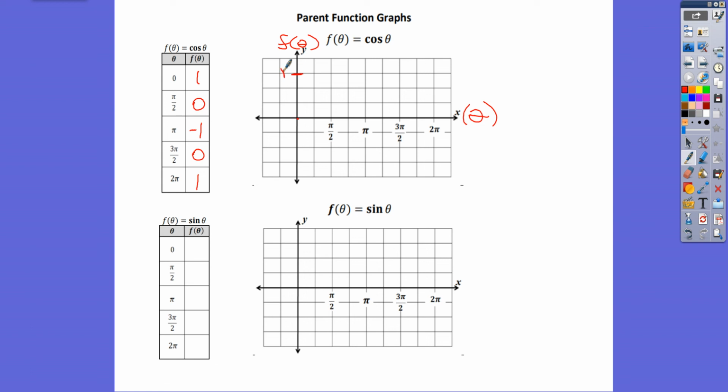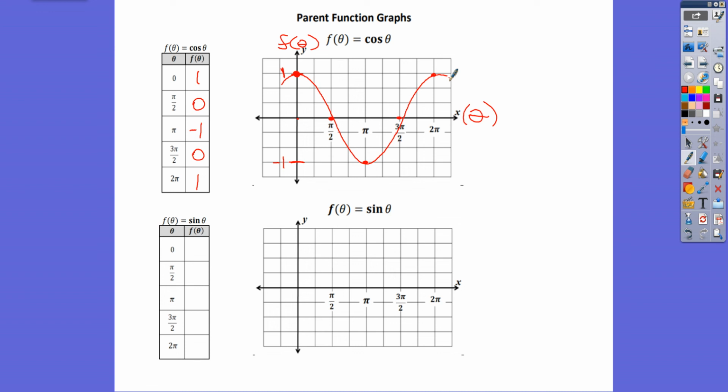To make this a little more obvious, I'm going to call 1 all the way up here. So at 0, we're at 1. At pi over 2, we have a value of 0. And then at pi, we go down to negative 1, which we'll just say down here to make it a little clearer. At 3 pi over 2, we're at 0. And at 2 pi, we're at 1. Connect these all up, and we get a wave.